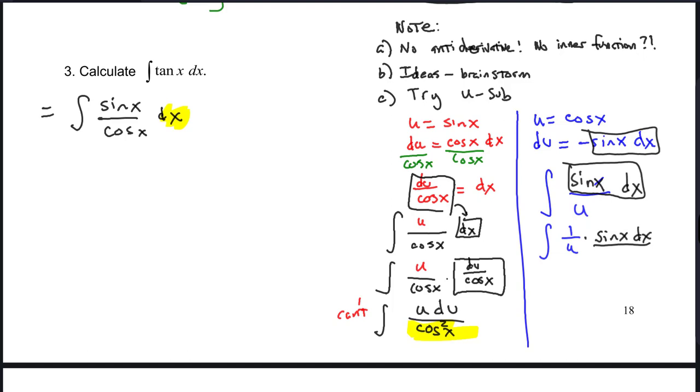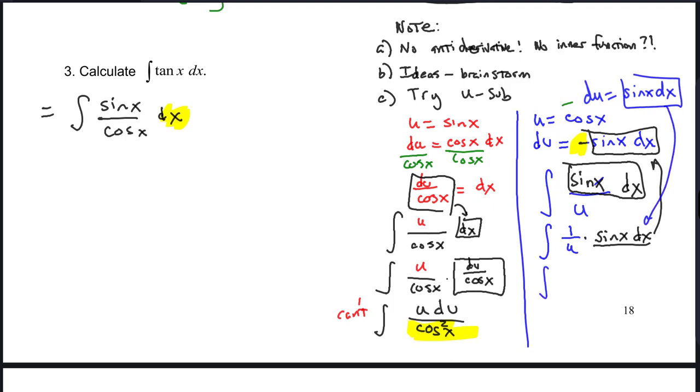And I have almost a perfect substitution for it. There's an extra negative, though. That's not a part of the problem, but that's easy to fix. If I multiply the negative on both sides, I will have negative du equals sine x dx. Got a perfect substitution there I can plug in here.